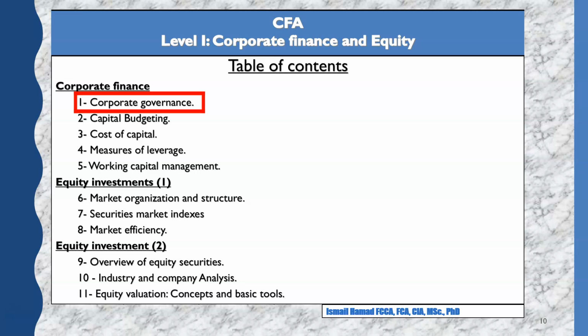Who are the stakeholders? Anyone who has a stake in the company is a stakeholder. Shareholders are number 1. They have a big stake. Lenders, banks, and bondholders have a stake in the company. Customers, suppliers, employees, all these groups have a stake.